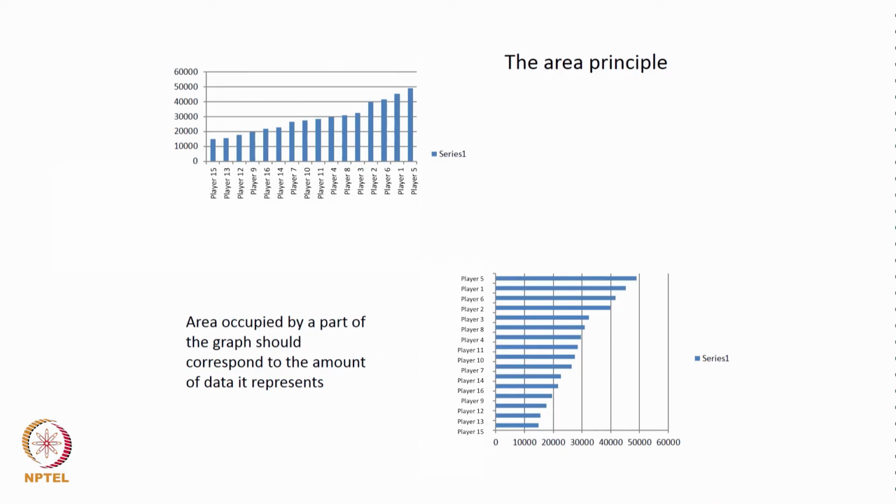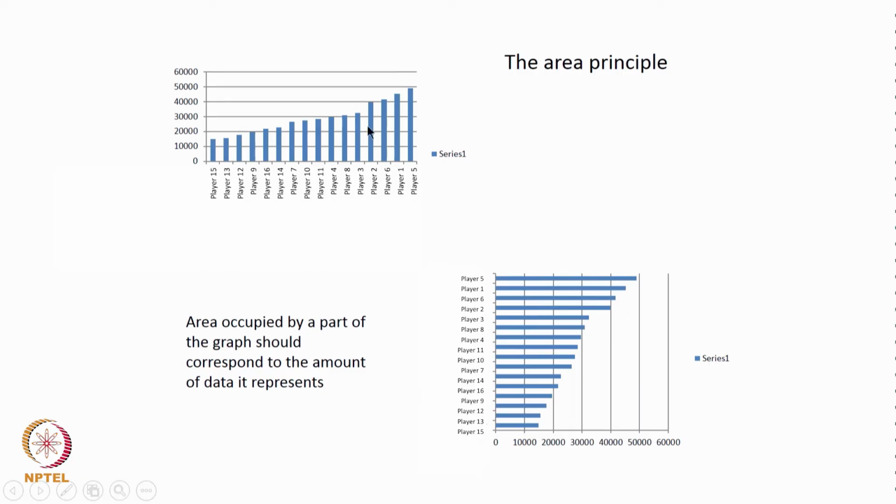In some ways, the area here would be comparable to the area in the pie chart when we present the same data using a pie. It is also important to have the spacing between the bars the same, so that it is pleasing to the eye, but what is important is that the area occupied by the part of the graph should correspond to the amount of data it represents, which means the width of the bars has to be the same.